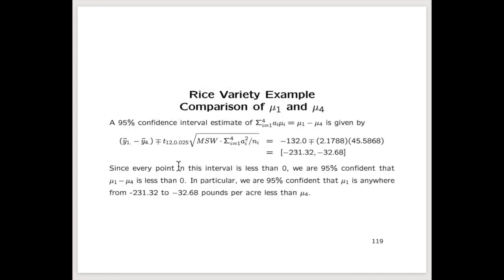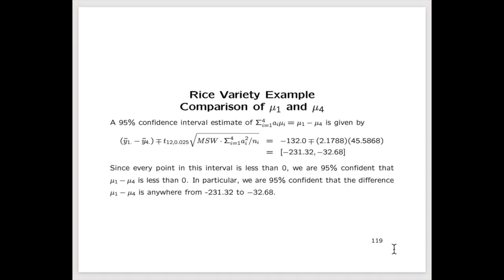A 95% confidence interval estimate for mu1 minus mu4 ranges from negative 231.32 up to negative 32.68. Now, because 0 is not in that interval, and in particular because every point in this interval is less than 0, we are 95% confident that mu1 minus mu4 is less than 0.